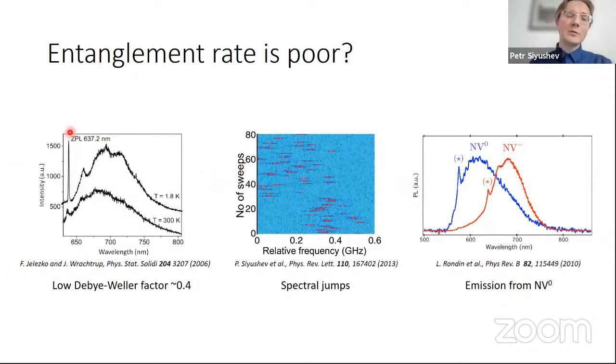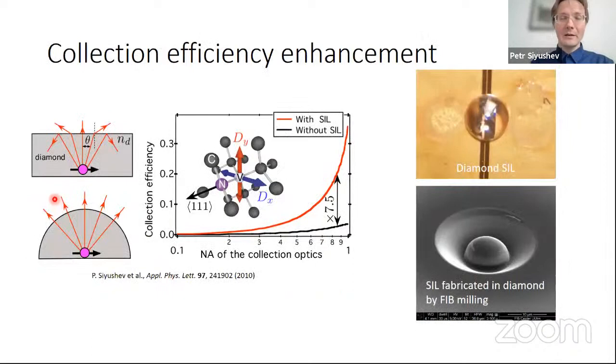Okay, that motivates us. In principle, some of the problems can be tackled, like the low collection efficiency of the photons. I have to say that diamond has a very high index of refraction, and due to this, just about 4% of the total photons can escape through the surface of the diamond.